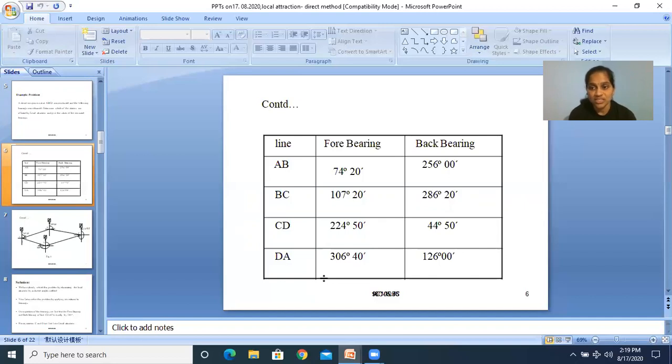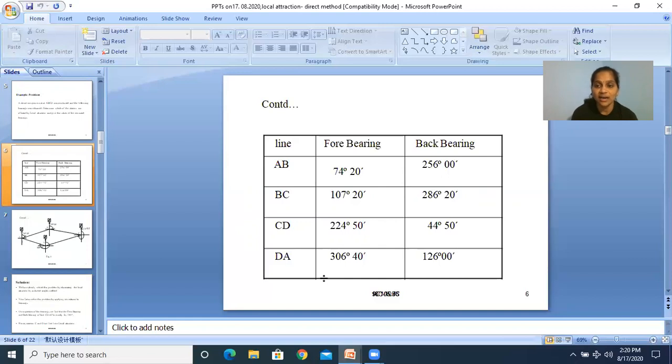First of all we have to identify which station is free from local attraction. That is the detection of local attraction. How can we detect the local attraction? Yes, right.